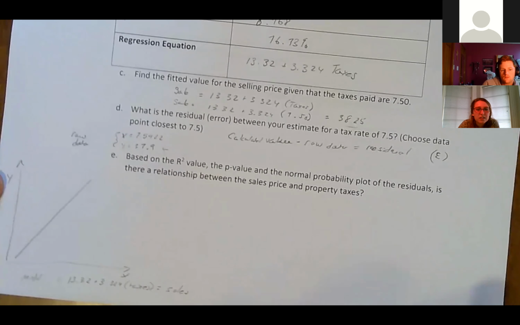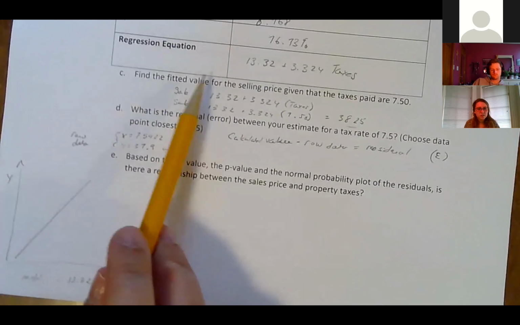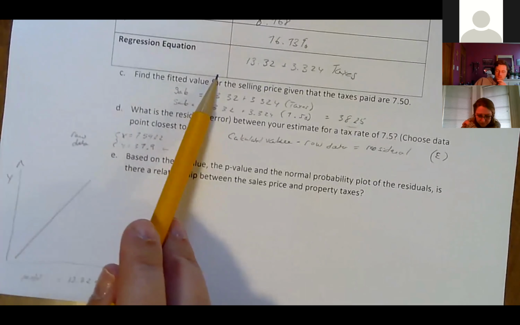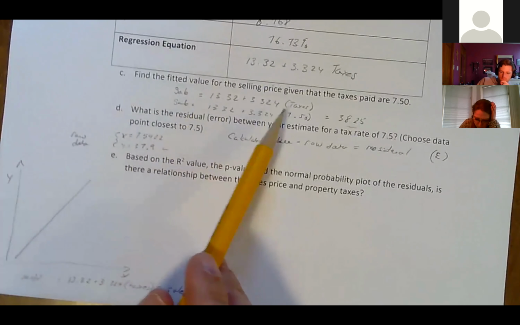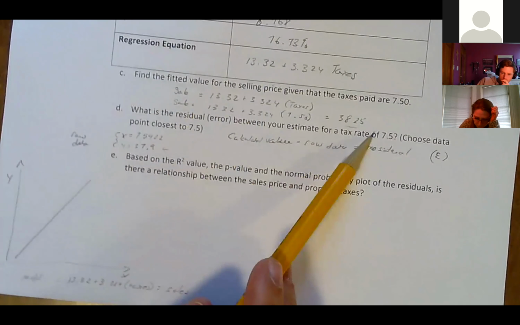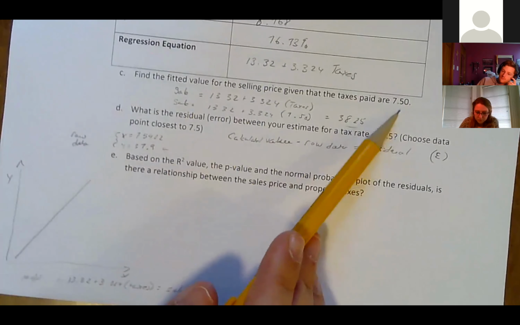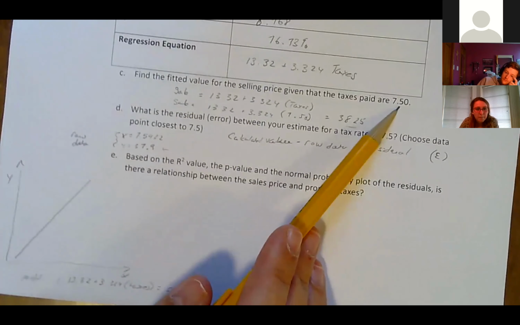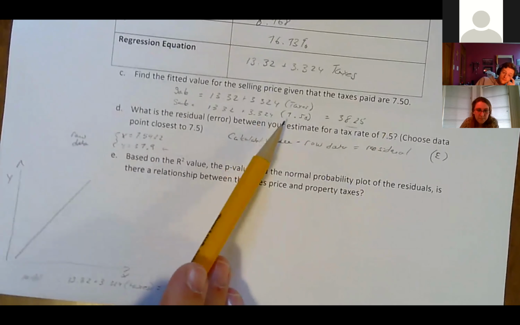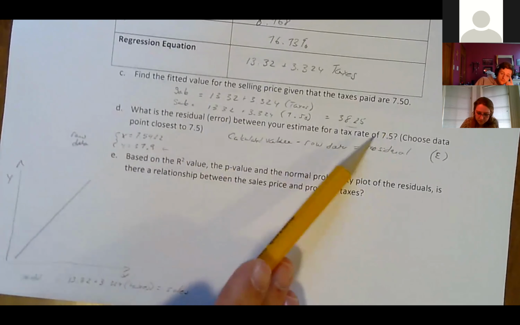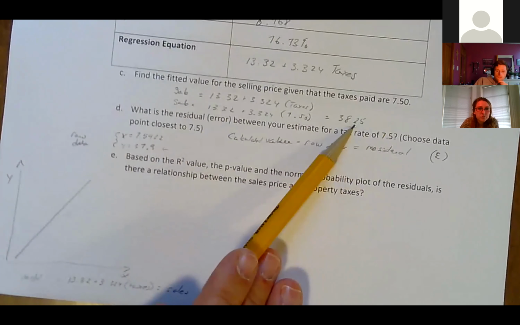So my y equals mx plus b is sales is equal to 13.32 plus 3.324 times taxes. That's my regression equation that Minitab gave me. That is how I'm using it to calculate this value. So given an x value of 7.5, I plug it back into my regression equation and I get my y of 38.25.